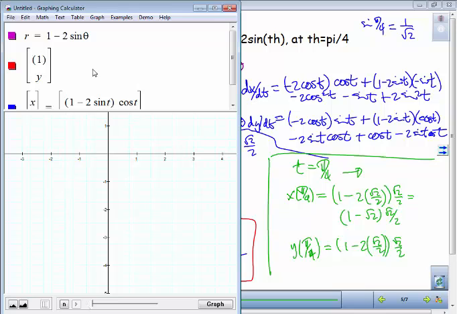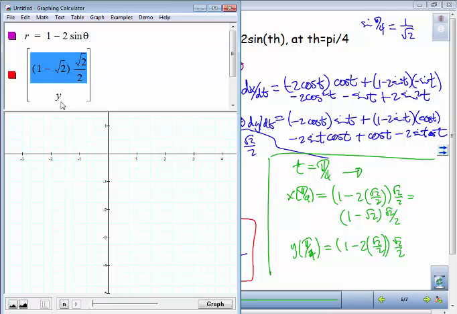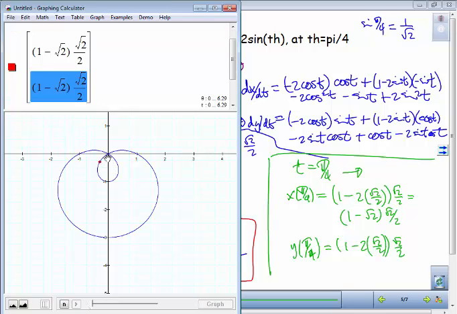Was 1 minus 2, or 1 minus square root of 2 times root 2 over 2. Some weird number like that. Okay, that kind of makes sense.